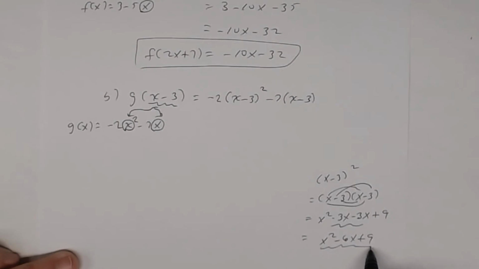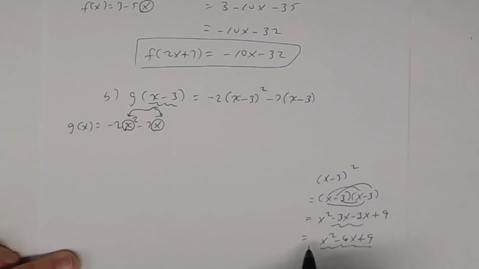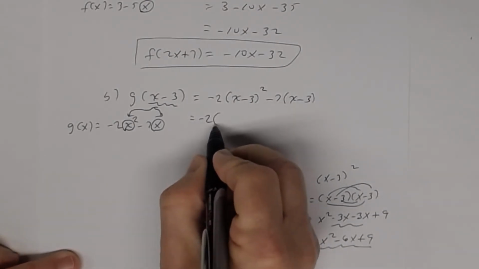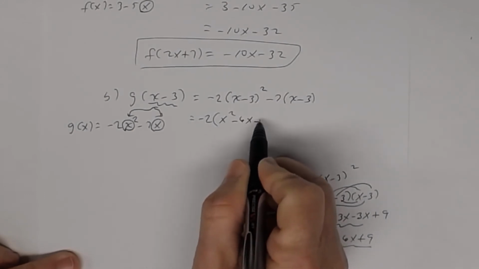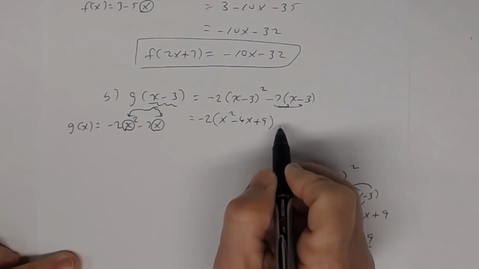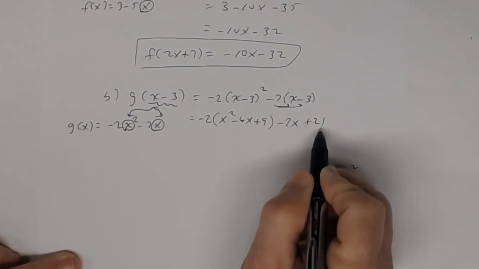So this right here is only this, but all three of those terms have to be multiplied by negative 2, so I have to put that in parentheses: negative 2 times x squared minus 6x plus 9. I'm going to distribute here, so it'll be a minus 7x, and a negative 7 times a negative 3 is a positive 21.